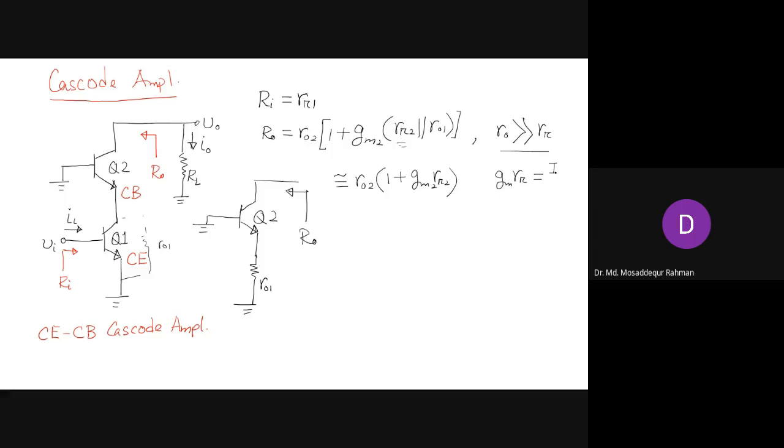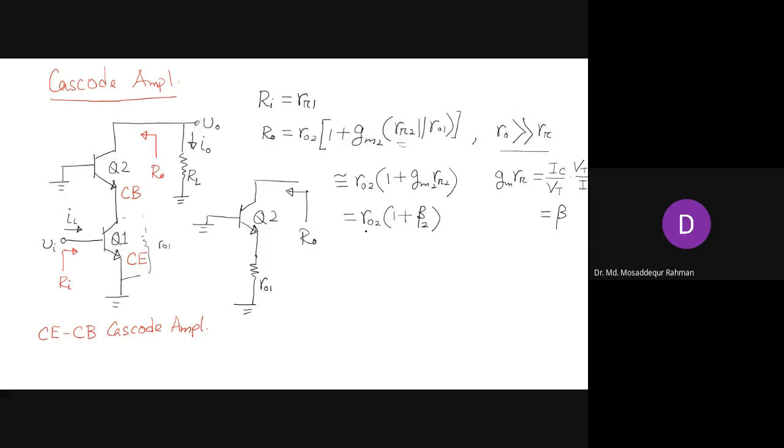See, GM is IC by VT, right? And what is R pi? VT by IB. So we get IC by IB, which is beta. The VT will cancel out, so this product is nothing but beta. So what we get is R naught 2 times 1 plus beta. So that will be the output resistance.